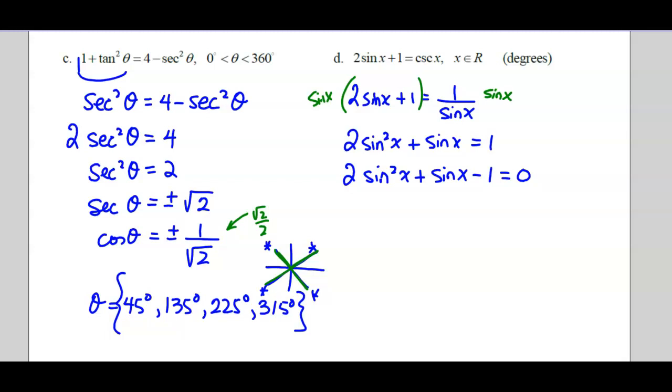Okay, so this one says degrees and general solution. Remember we did one or two the other day.